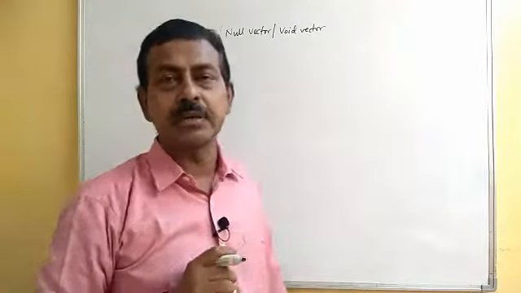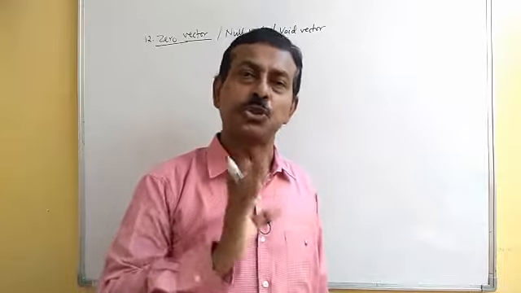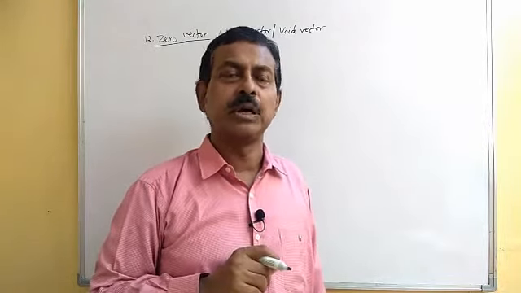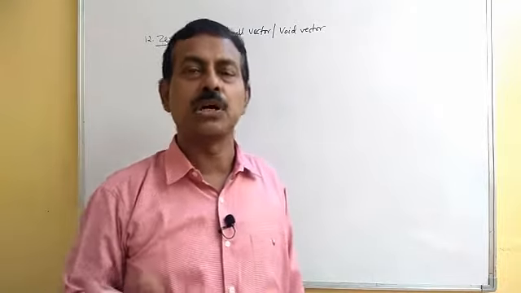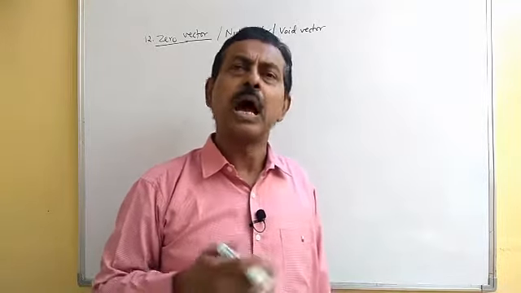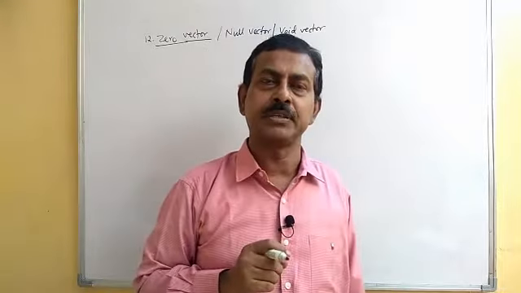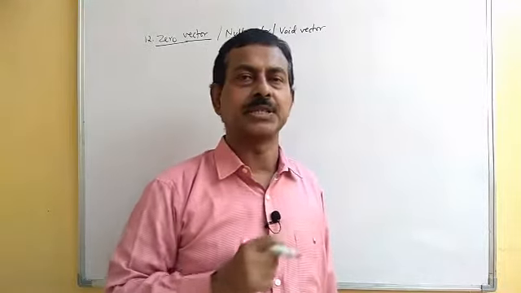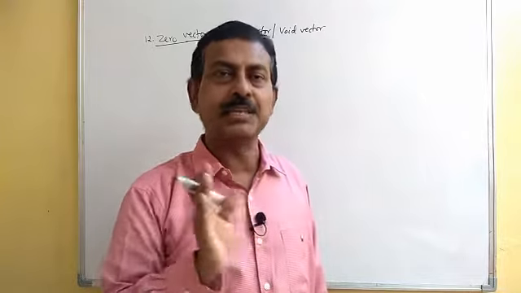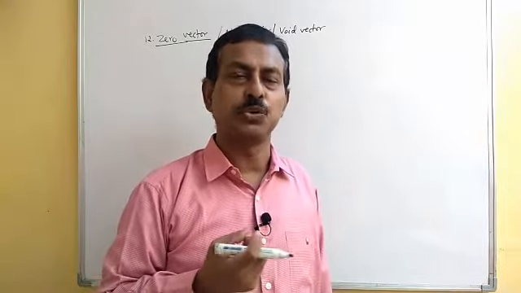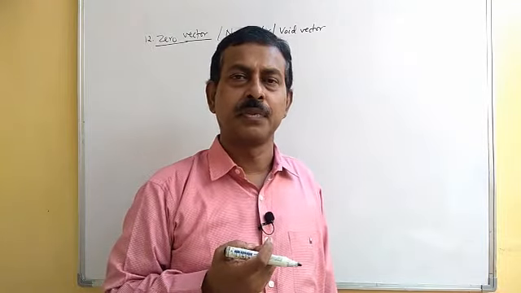So a zero vector is a vector having magnitude 0. That is called the zero vector, or null vector, or void vector. How do we get that? If you have one particular vector acting in one direction, and you take its negative vector and take their sum, then you will get a zero vector.